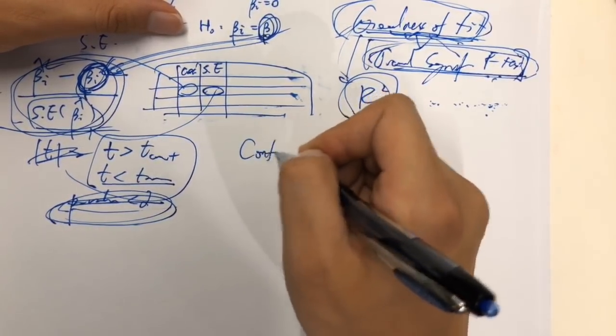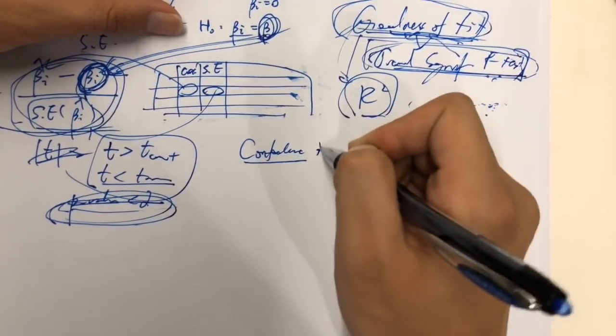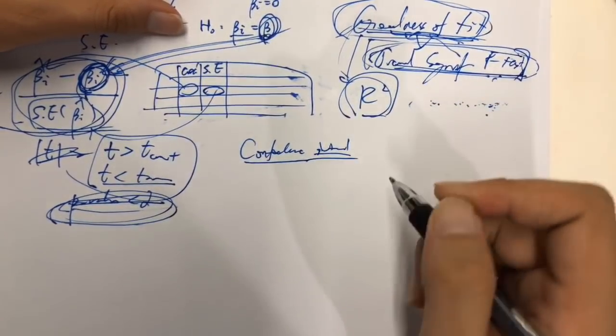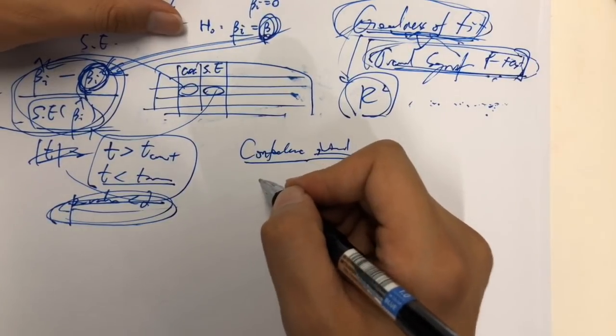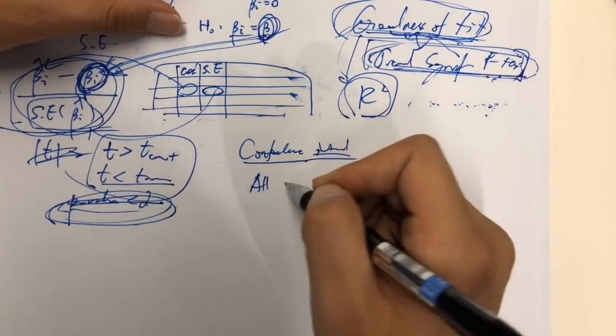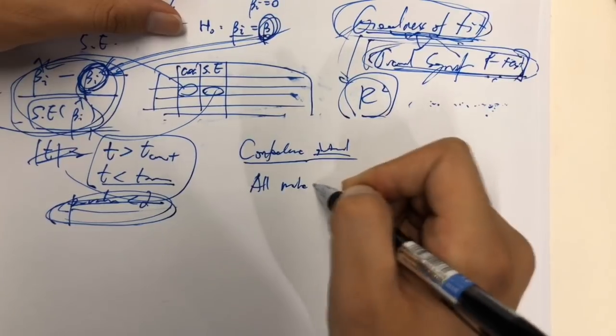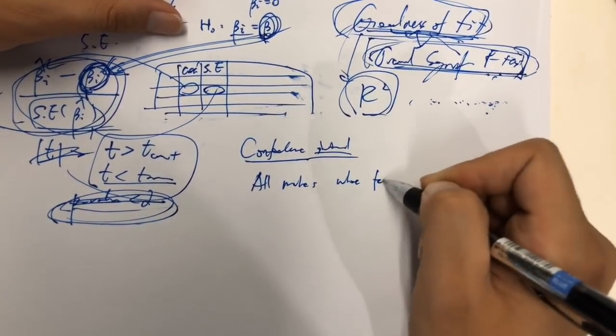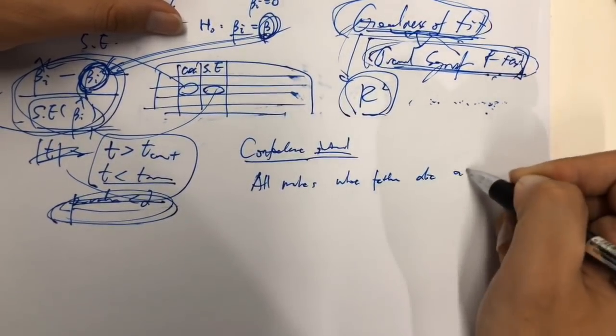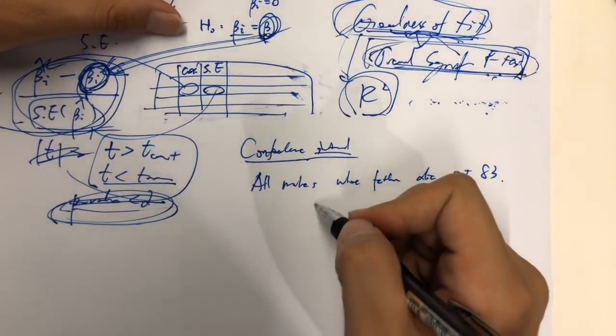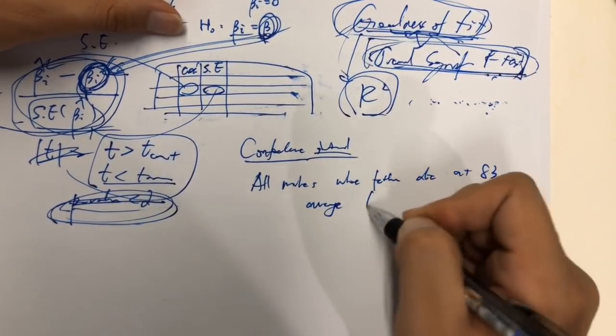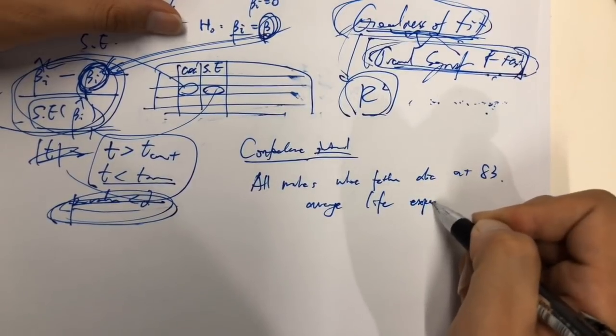When do we use a confidence interval? We make a prediction for all males whose father died at 83: what is their average life expectancy?